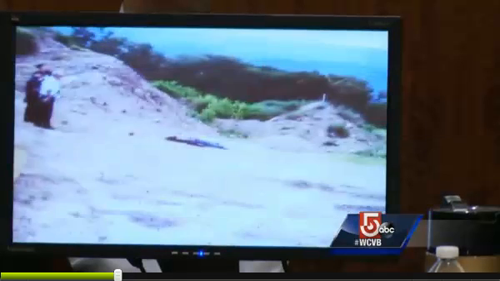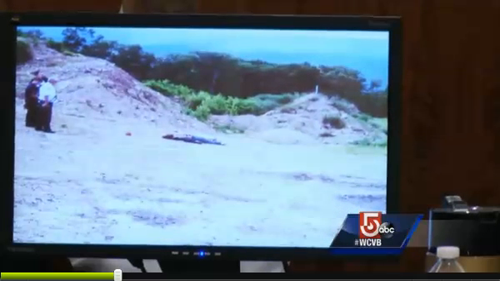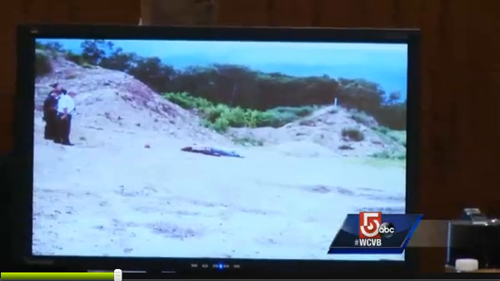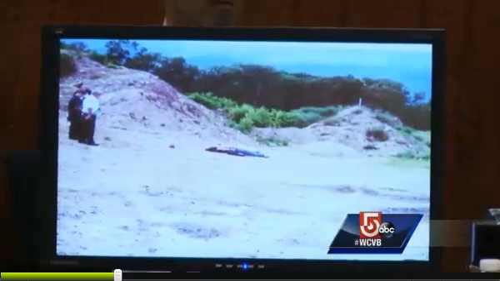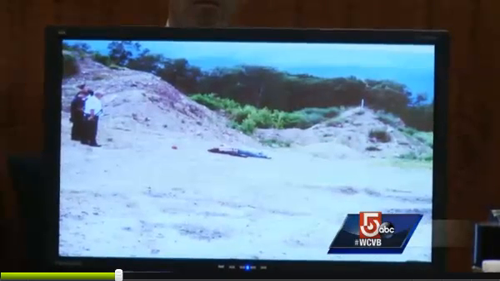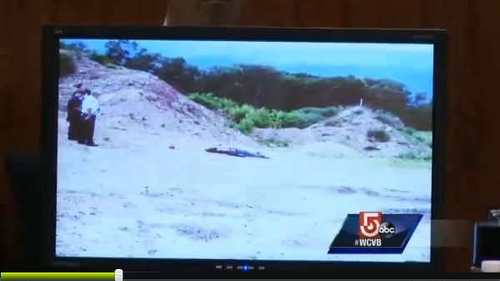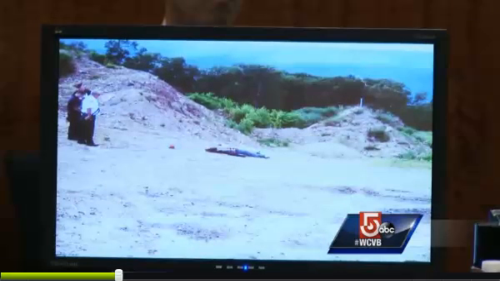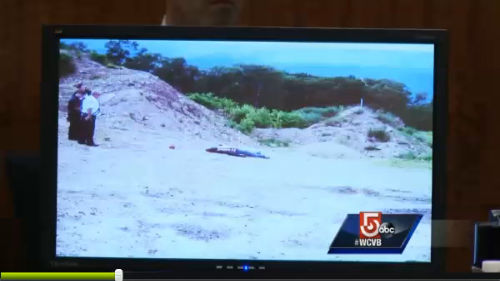And then you were shown a photograph, I think it's the most recent exhibit, Exhibit 12. That shows other mounds, is that right? Yes. So you think that this photograph, Exhibit 12, shows where the body was when you saw it, correct? Yes. And so it's not in front of the black mound, it's in front of another mound.